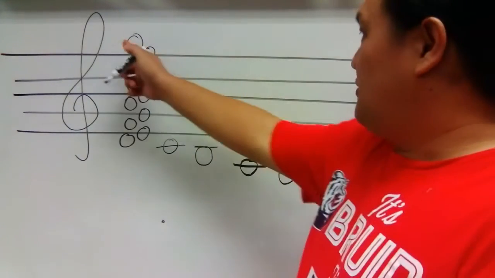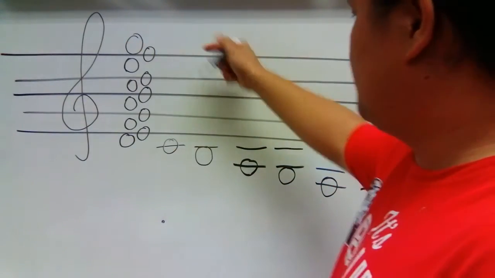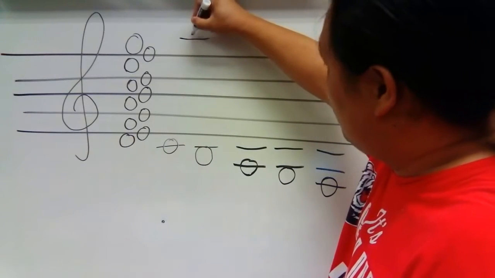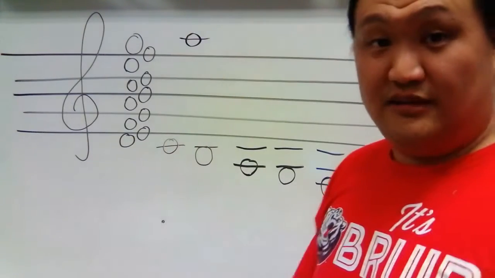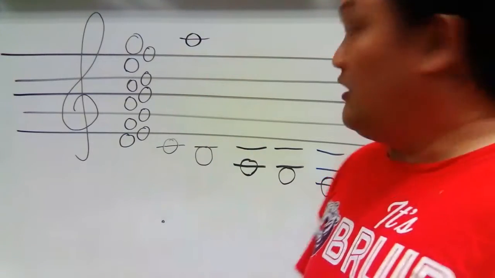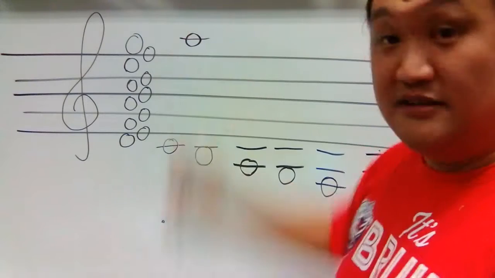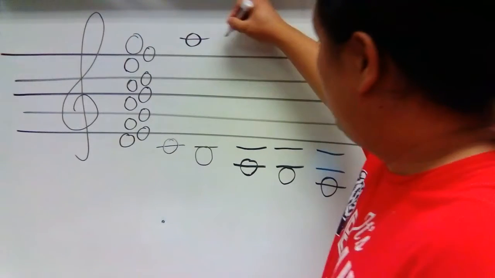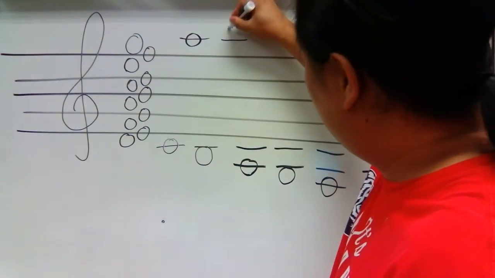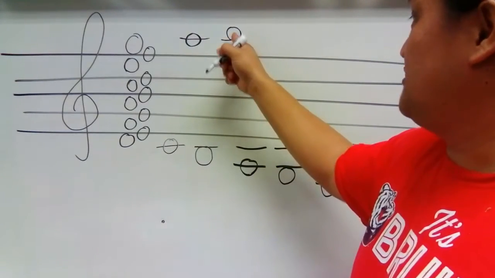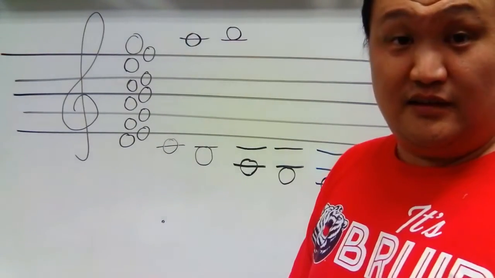If I were to climb up, it works the same way. Same theory behind it. So G is here on that space. If I were to go one above G, you simply draw a ledger line and place a note there. That's an A. I know that's an A because it's one above G, and I know I only see one ledger line. If I want to go to B, again, I have to draw one ledger line, and it needs to be above that note.